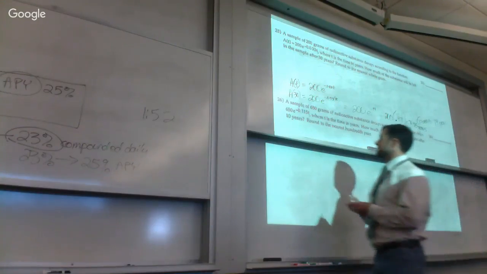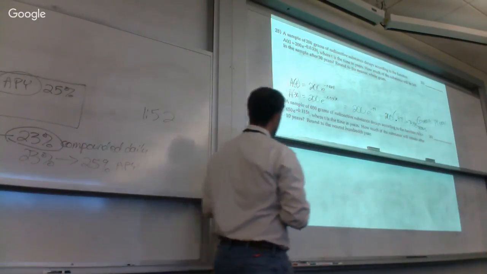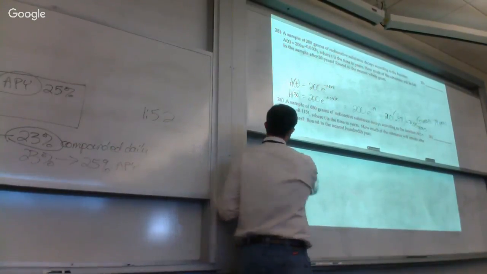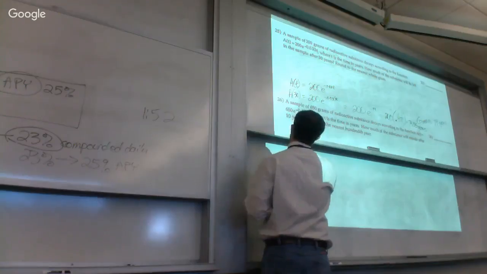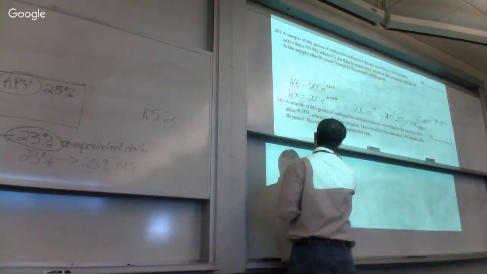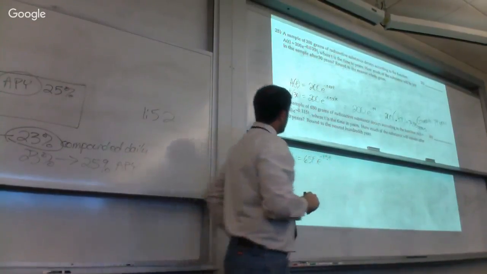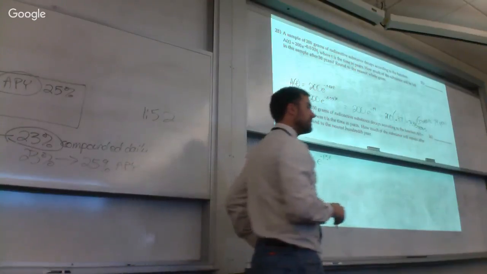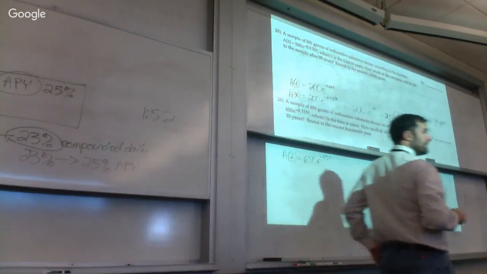To the next question. This time, a sample of 650 grams of radioactive substance decays according to the function, which, you know, this problem is almost exactly like the last problem. Other than the fact that the numbers are different, it's the same problem. So how much of the substance will remain after 10 years?